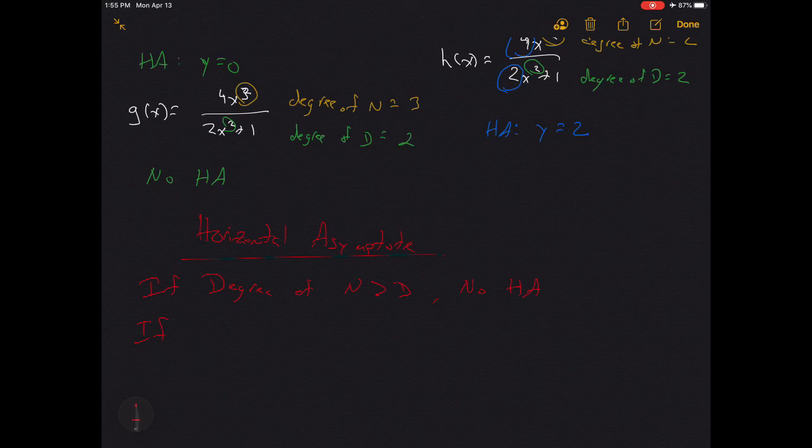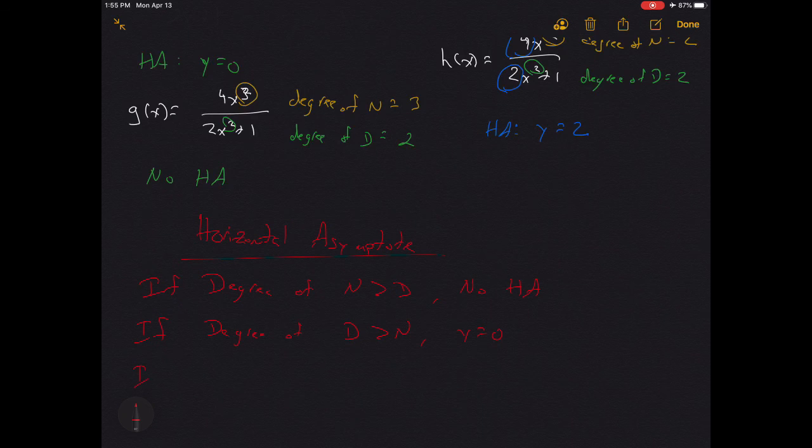If the degree of the denominator is bigger than the numerator, so now the bottom is growing faster than the top, anytime the bottom of a rational function grows faster than the top, you are going to approach 0. So it will always be y equals 0.